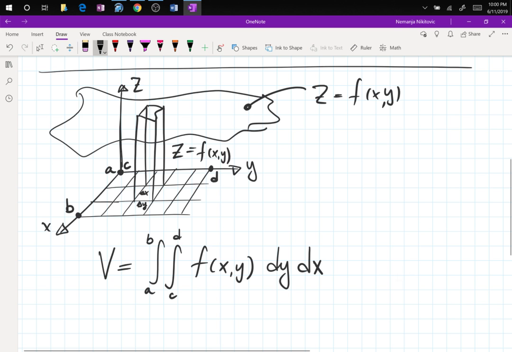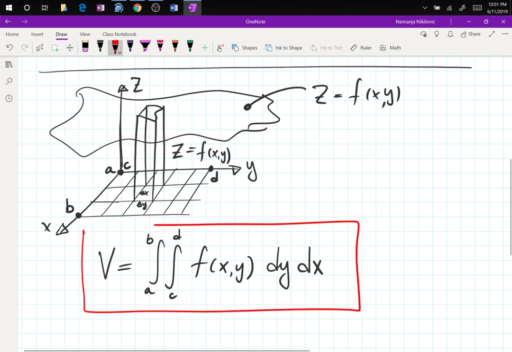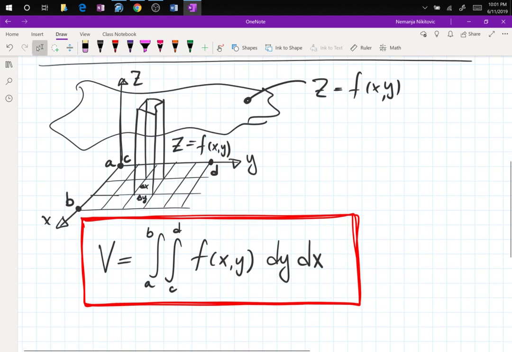So we can calculate the volume by using this integral, and the mechanics of deriving this are exactly the same as in Calc 1, because delta x and delta y become dx dy. You have the limits between which each of them runs, and then you stick the function inside.